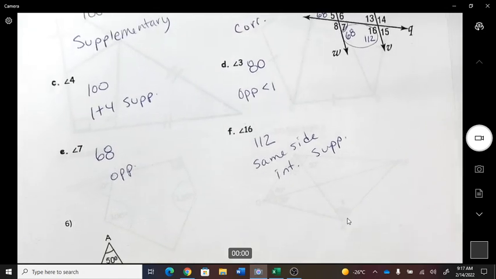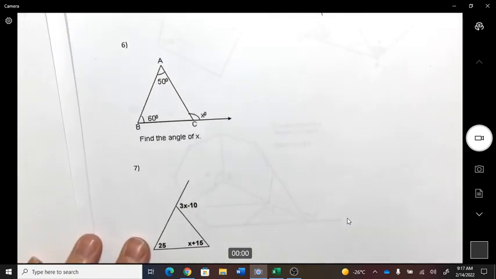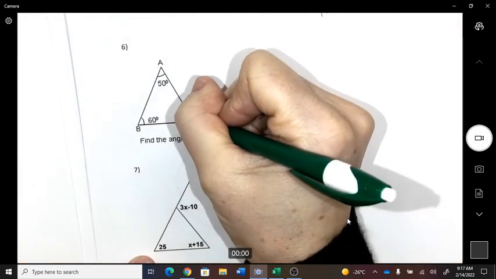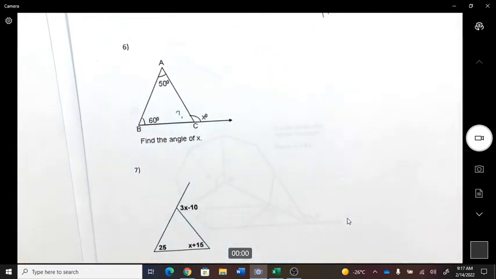Okay, number 6, find angle X. Well, first of all, can you figure out that question mark? I think I know something about triangles. In a triangle, they all should add up to 180, right?